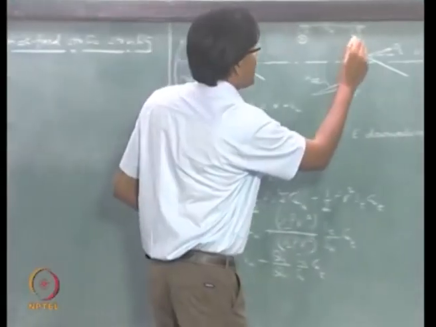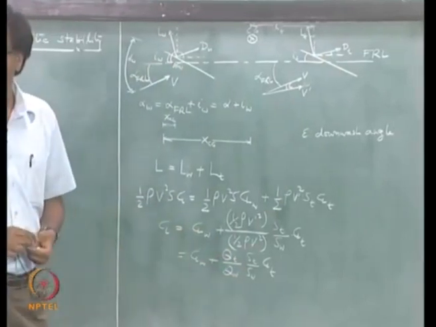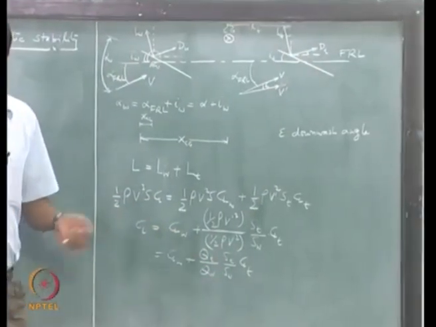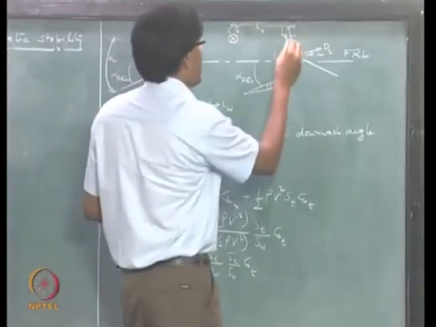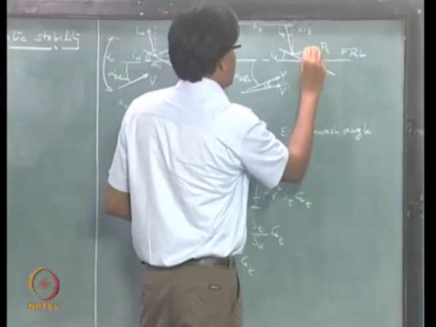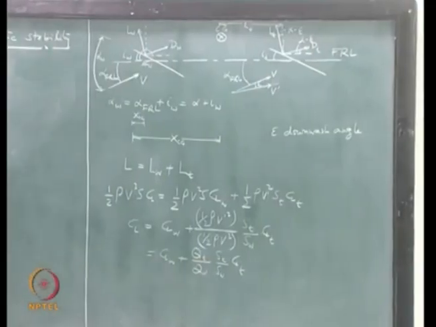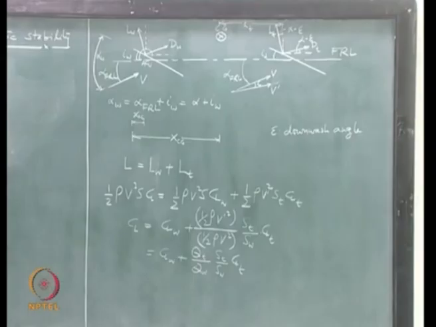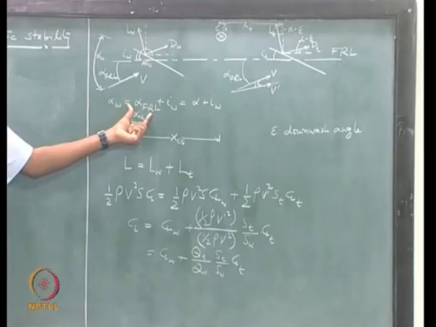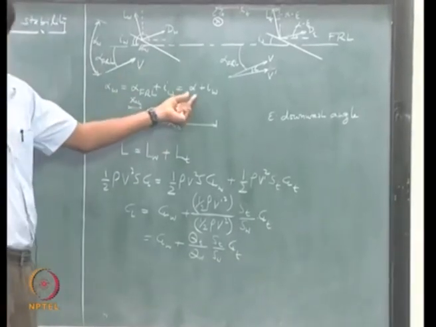What is this angle? Alpha minus epsilon. And this alpha is alpha FRL at the wing. So that is what I have taken as angle of attack. You have dropped this FRL and you are taking this angle as alpha.